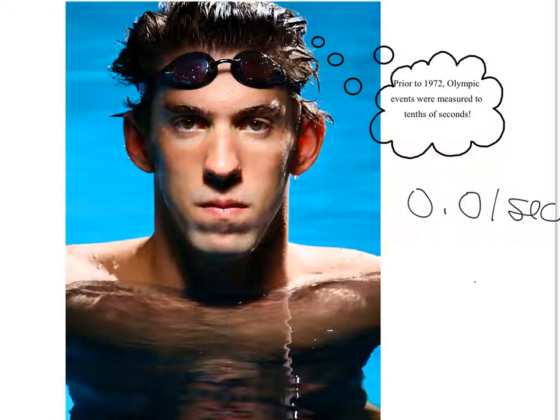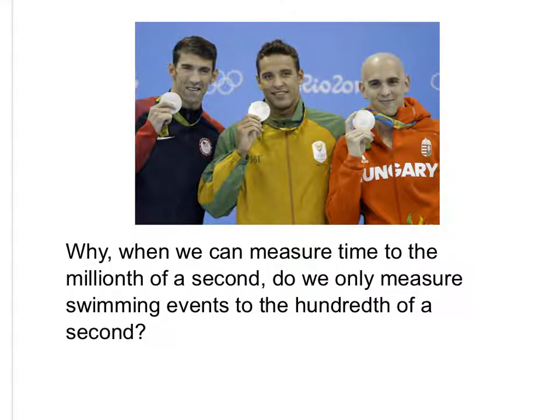And so in this case, we can see that we've got a precision of the hundredths place, and I'd have to know what's going on up here to be able to count those sig figs. But this is more precise than if it just went out to the tenths place. There's a couple other kind of interesting things. Why, when we can measure time to the millionth of a second, so we actually have equipment that's even more precise, do we only measure swimming events to the hundredth of a second?